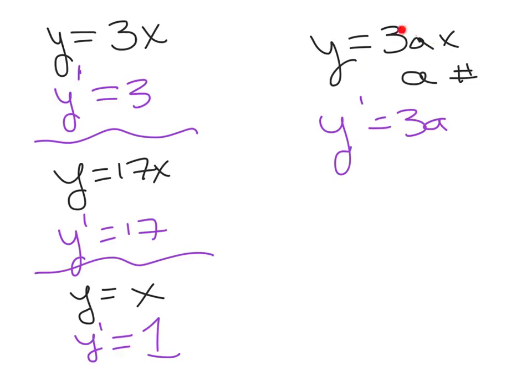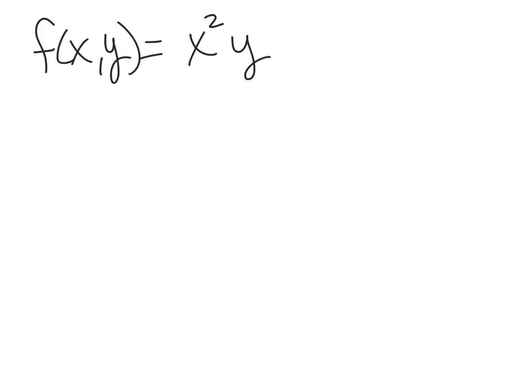It's got slope of 3a, and so it makes sense that its derivative is 3a because it is a line. Let's look at a function of two variables, x and y: x squared y squared plus e to the x y squared.